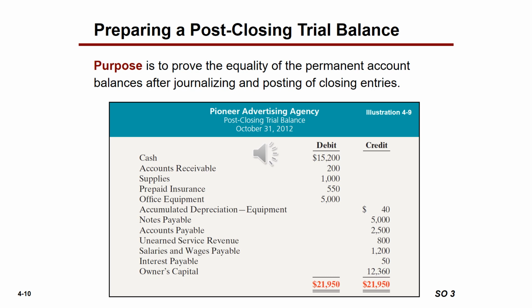And of course, the normal progression here, after we post the transactions into the ledger accounts and post our closing entries to the ledger accounts, is that we can now create what is called a post-closing trial balance.